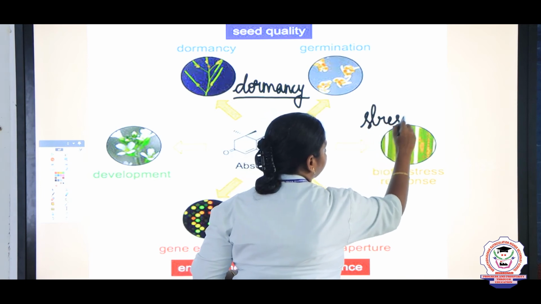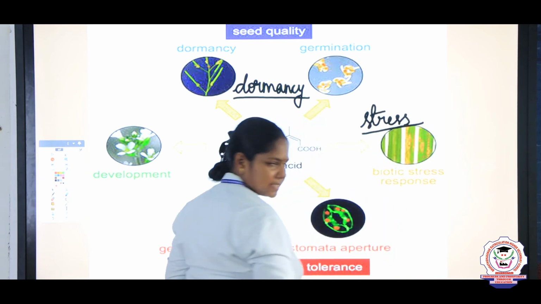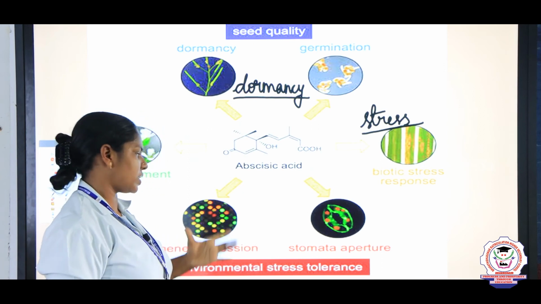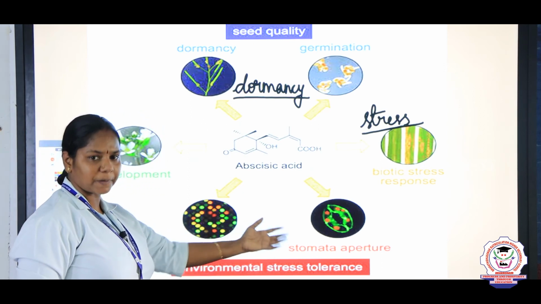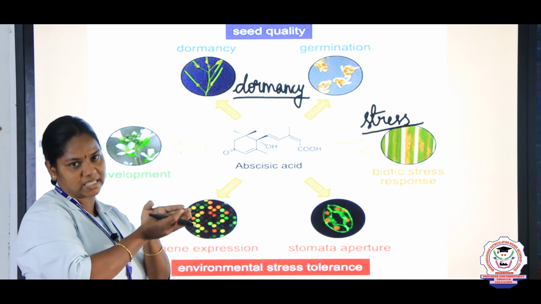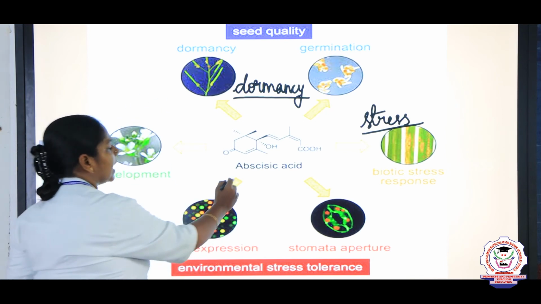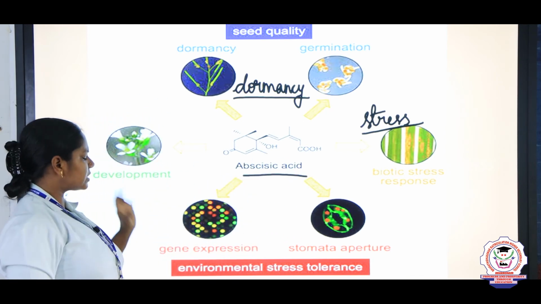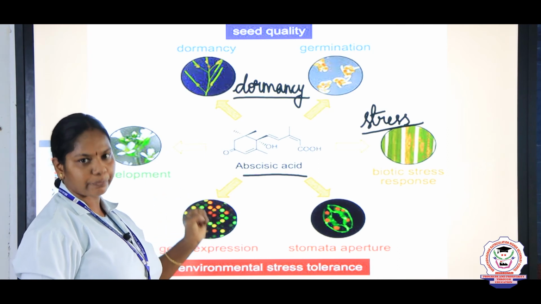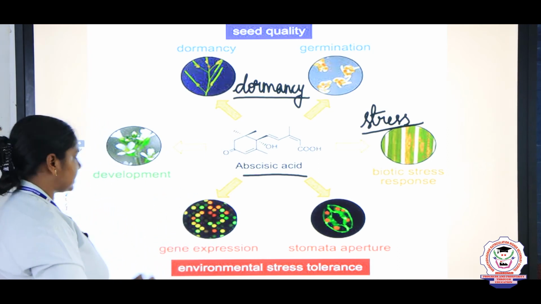It prevents plants from stress, so it is also called a stress hormone. And the stomatal aperture, the shape of the stomata, will be changed by administering abscisic acid. So these are some other important effects of abscisic acid.